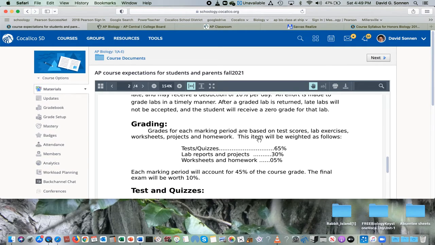The syllabus goes on to look at just some general things about grading and handing things in. Each marking period is broken down into three main categories that are used to determine their overall grades. And that will include tests and quizzes, 65% of their grade, lab reports and projects, 30%, and then worksheets and homework, the remaining 5%, with the idea that that 5% would be the kind of content that they're working on as they're learning and processing the information, mainly just checked for completion.